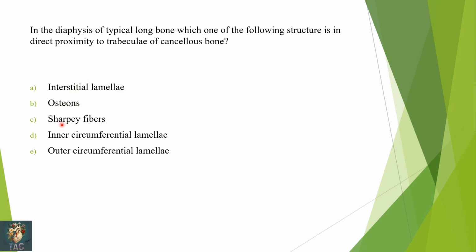Sharpey fibers are the type of fibers which are attached to the periosteum. The inner circumferential lamellae basically face the spongy or cancellous bone, and outer circumferential lamellae are present just beneath the periosteum. So inner circumferential lamellae are in relation to cancellous or spongy bone, and this is the answer.